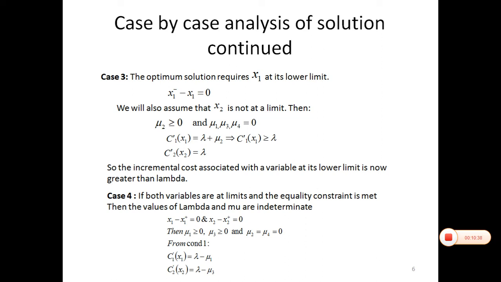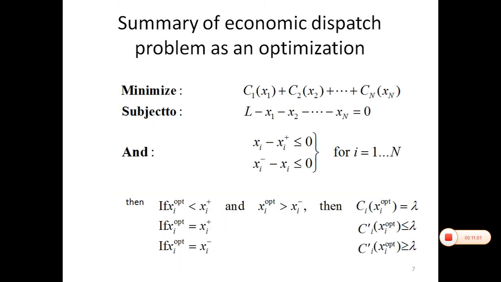So from condition 1, we get c1 prime x1 equals lambda minus mu1 and c2 prime x2 equals lambda minus mu3. In this case, finding the exact values of lambda and mu is very difficult. We can't find the exact values, so we say that the values of lambda and mu are indeterminate in this case.